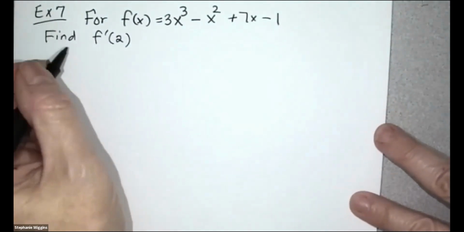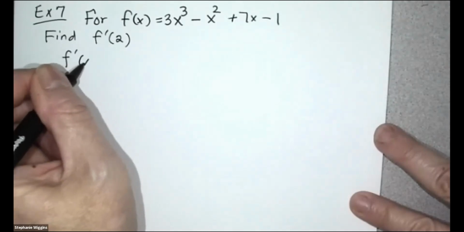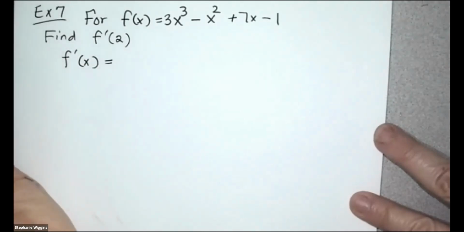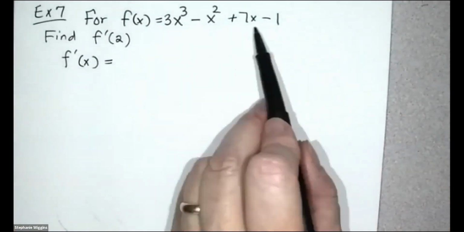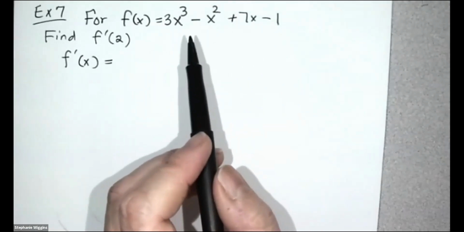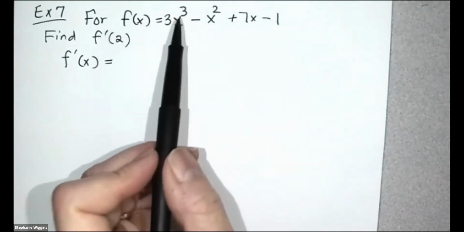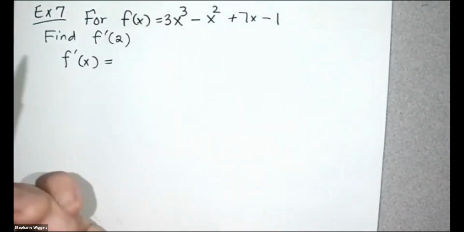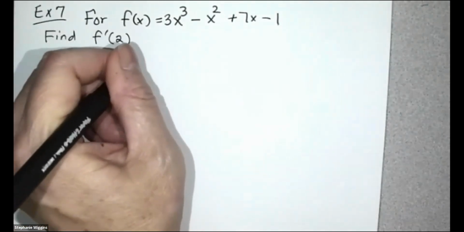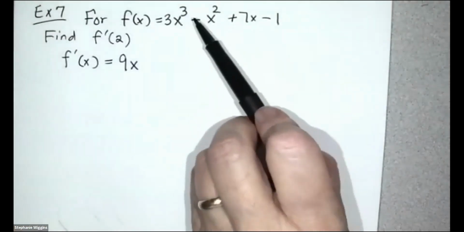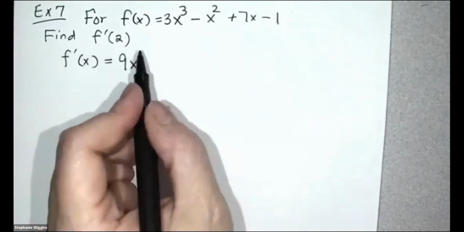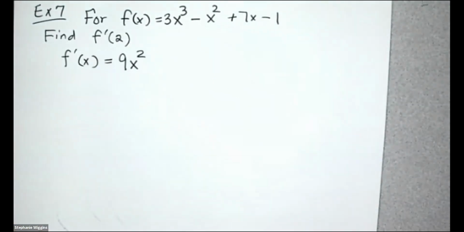So first you're going to find the derivative, which is f prime of x. This is a polynomial, so you just start with your first term, applying the power rule. 3 times 3 is 9x. I'm going to subtract 1 from 3, so my power on x is going to be 2, 9x squared.